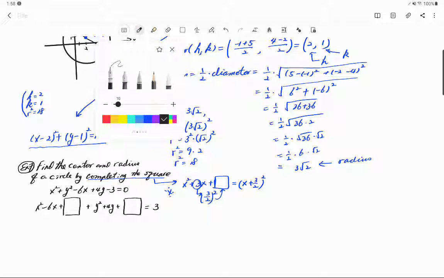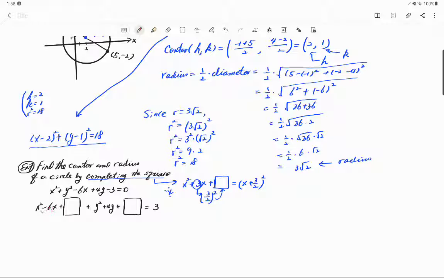And then next, let's find the constant. Okay, the constant is what? Divide this number by 2, and square it. So that is negative 3 squared, right? So negative 3 squared goes in this blank. Negative 3 squared is 9, right?